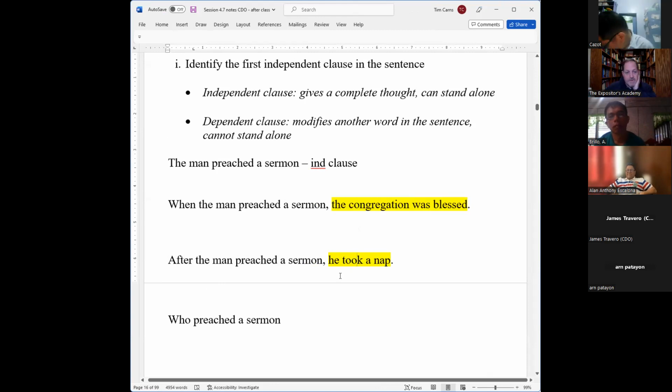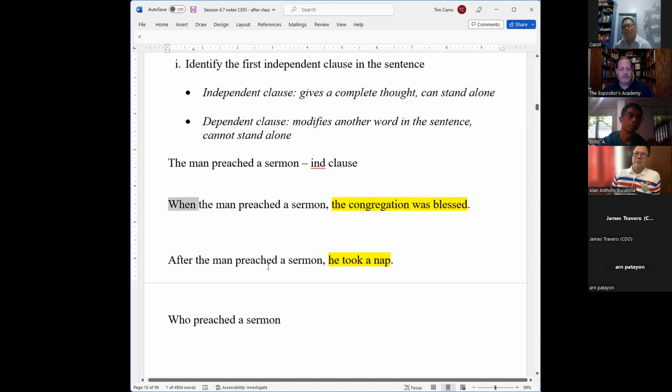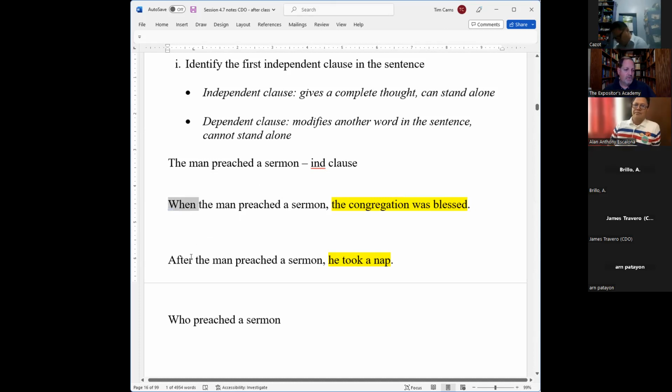All right, so a clause contains a subject and a verb, but it can be independent, that is standalone, or dependent. Often you can know if it's dependent because it's going to be introduced by another word, in this case when, or after, or who.